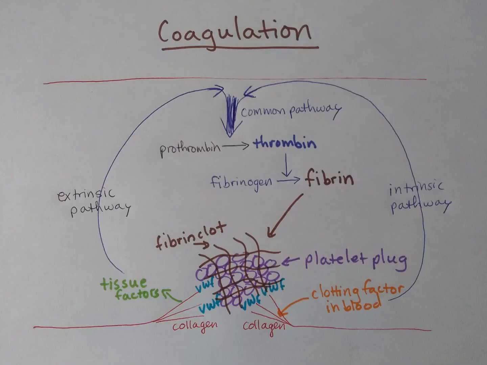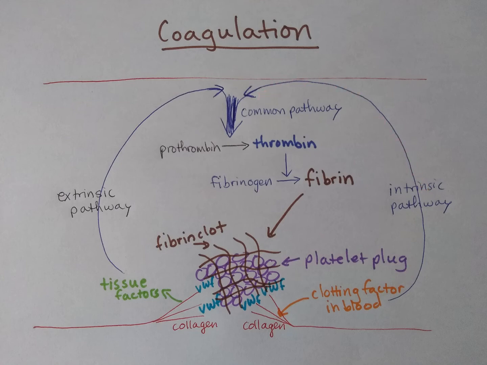So here's just showing you the third step of hemostasis, showing you coagulation. We've already had our platelet plug form here, so you can see that underneath. And when the collagen is exposed to the blood, we have some clotting factors in the blood that will then be activated, and they will start that branch, the intrinsic pathway. We've got a cascade going there.